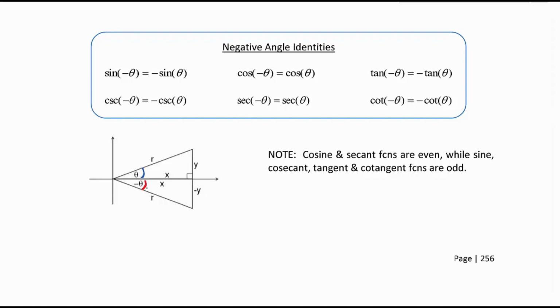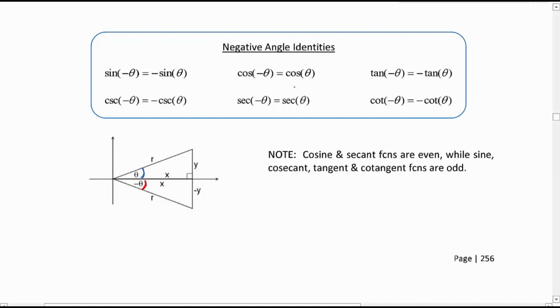So I think about sine, and sine is equal to y on the unit circle. So what happens to the y value when I do an angle of theta versus an angle of negative theta? And we can see on this diagram that our y value has an opposite sign. So that leads us to the conclusion that sine of negative theta is equal to negative sine of theta.